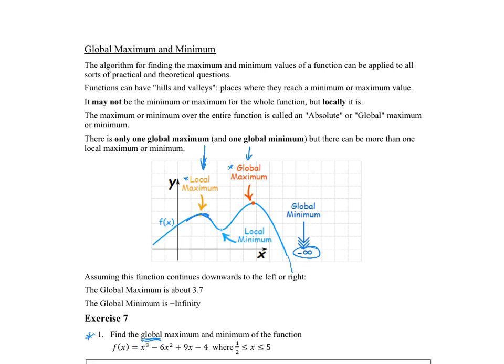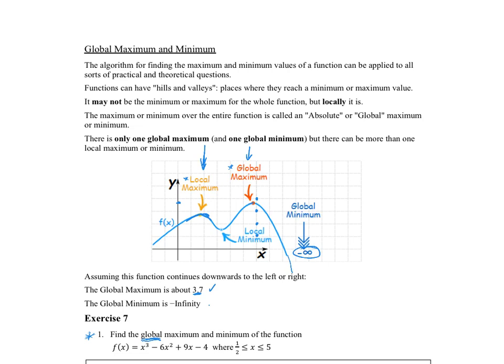So sometimes they may ask you for the global maximum. If you look at this graph here, and assuming that this is 1, 2, 3, 4 going across, this value here is about 3.7, and then the global minimum is minus infinity.